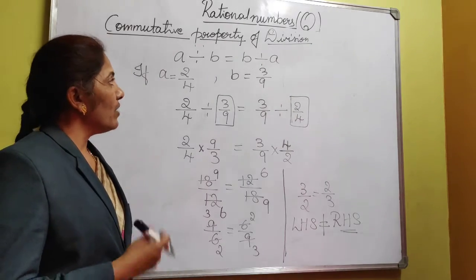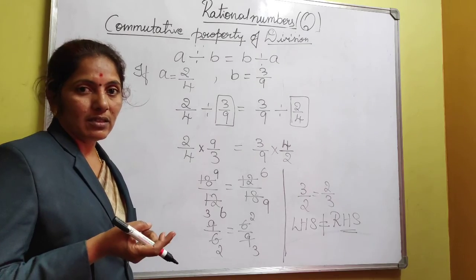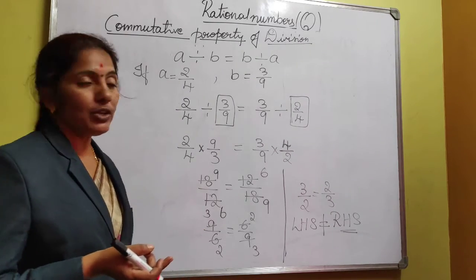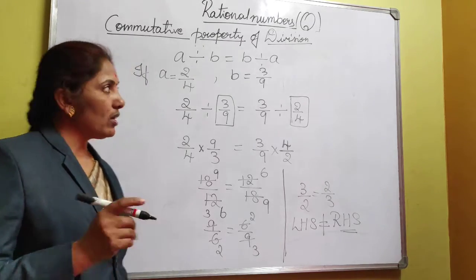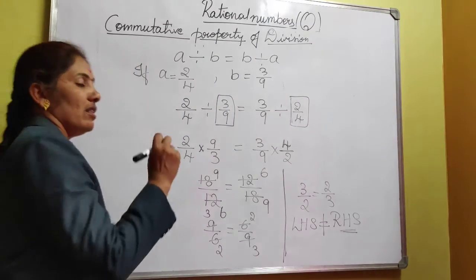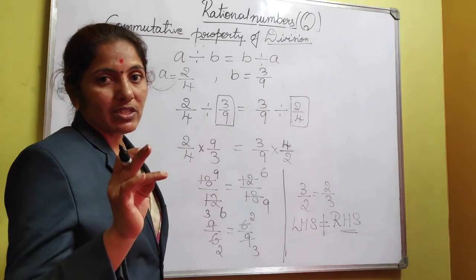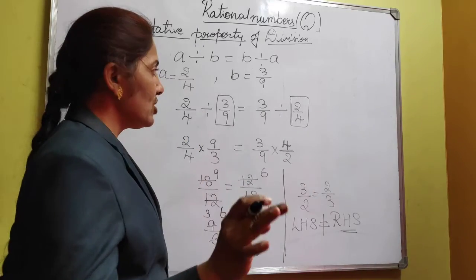So we can conclude that the commutative property of addition and multiplication is closed under rational numbers. The commutative property of subtraction and division is not closed under rational numbers.